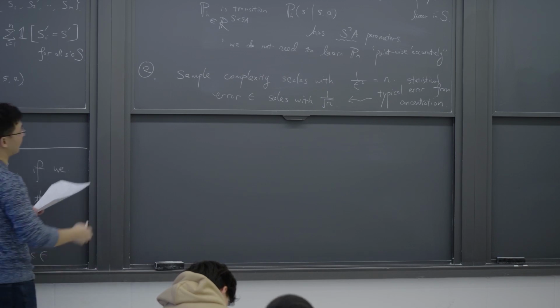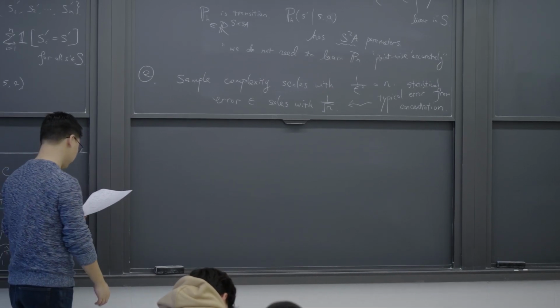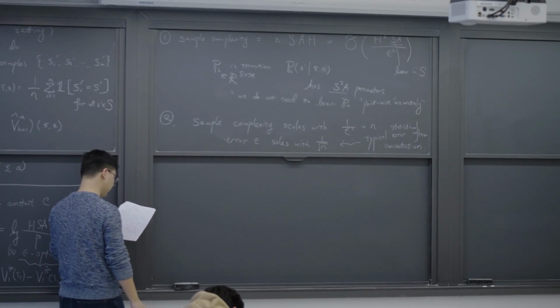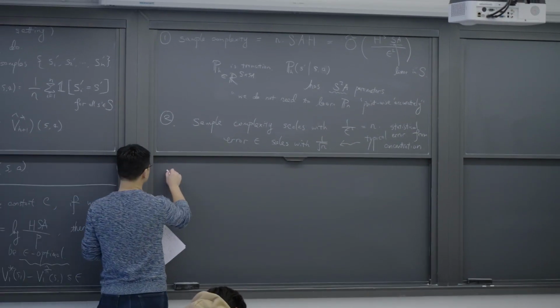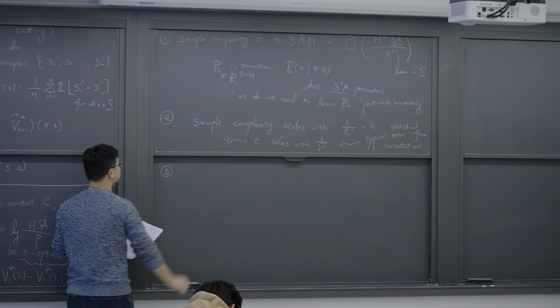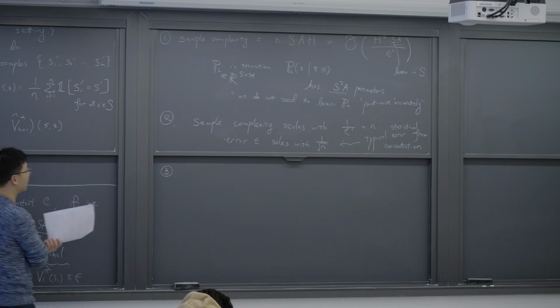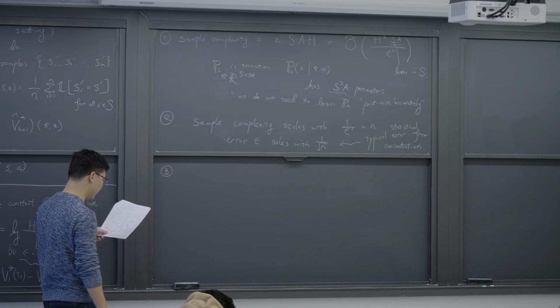So this is essentially where it comes from. In the first comment, we talked about the S A dependence. The second comment talked about the epsilon dependence. So finally, I want to also comment a bit about the H dependence.